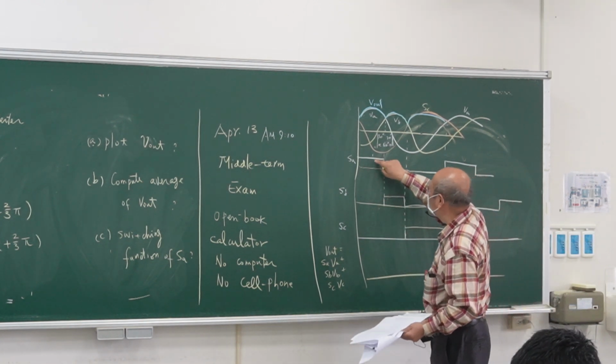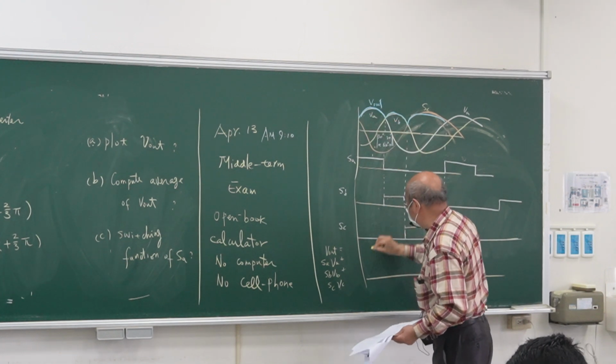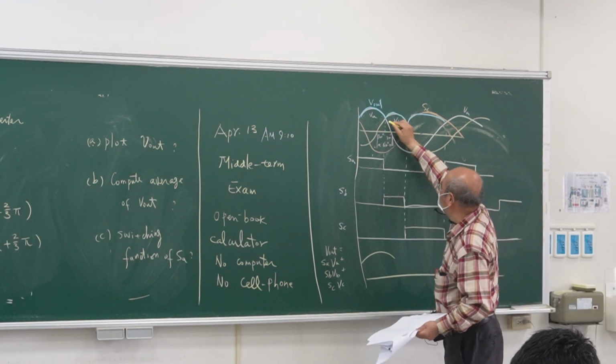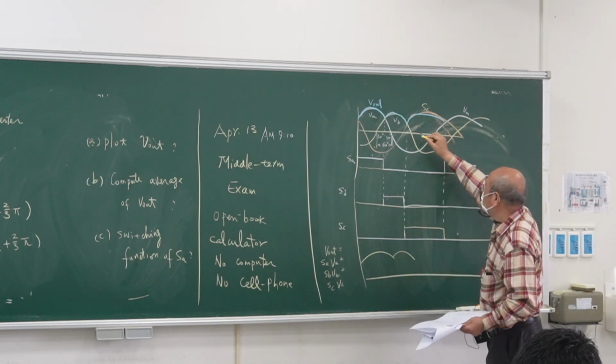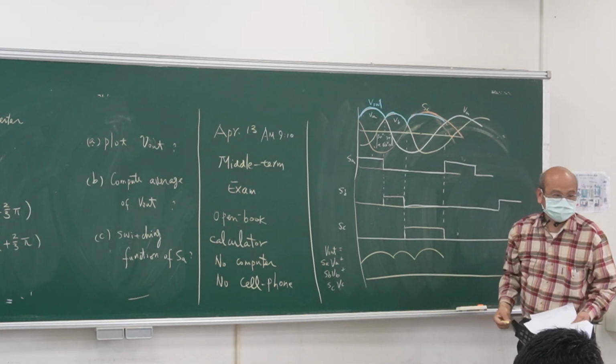So what is V out? Here SA turns on, so V out copies VA. Here VB turns on, V out is equal to VB. Here VC turns on, V out is equal to VC.